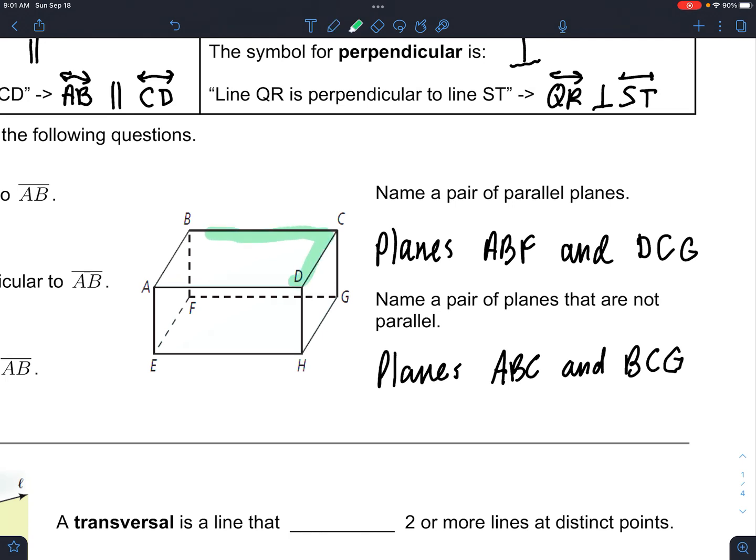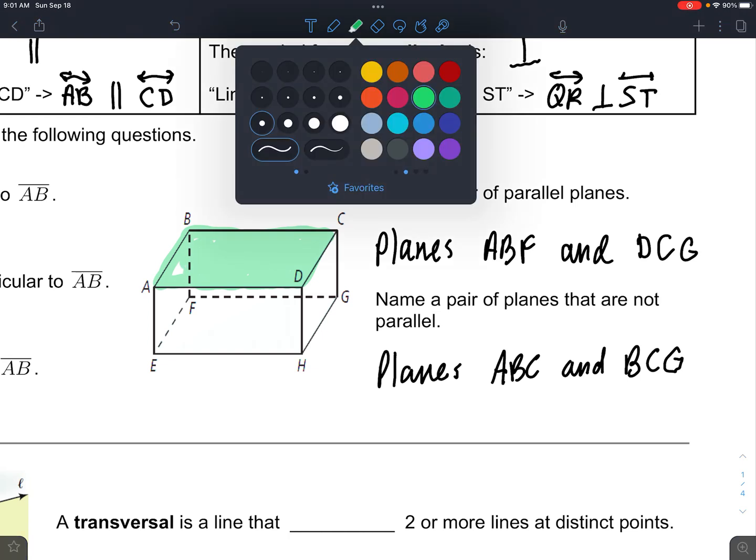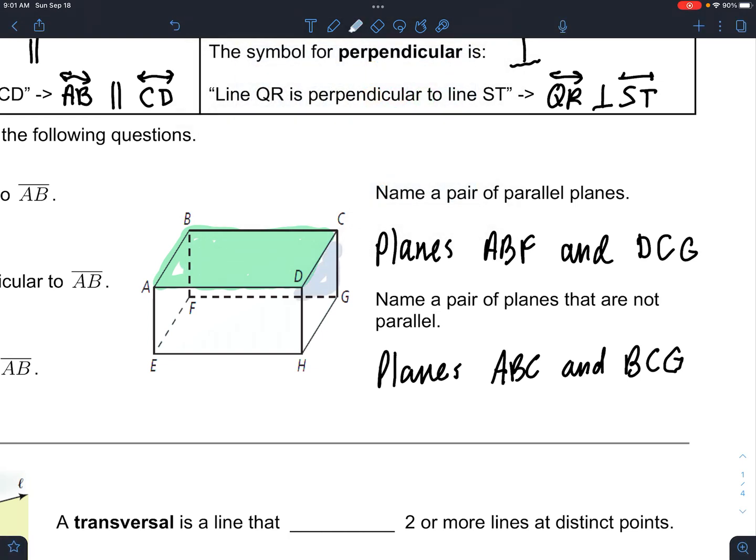So this is the question on the test, right? This green plane here and this blue plane back here. They touch, right? So they're not parallel. And they touch along line BC.